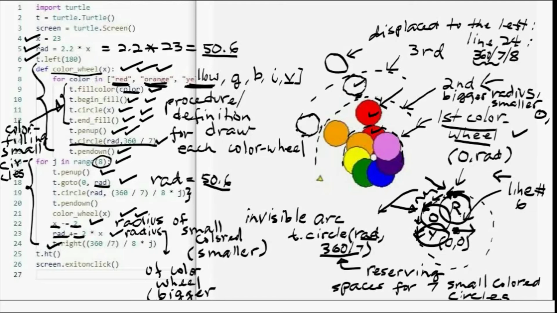Like I'm going to draw 8 red circles. So again, one red, second red, third red, fourth red. We continue until we have the seventh red. So that's why I have the divided by 8 here, because of the number of small colored circles.